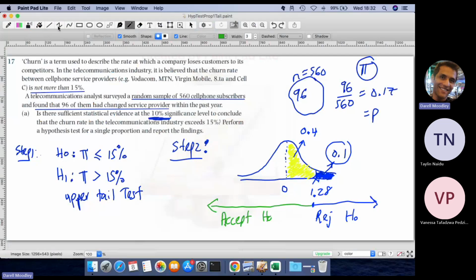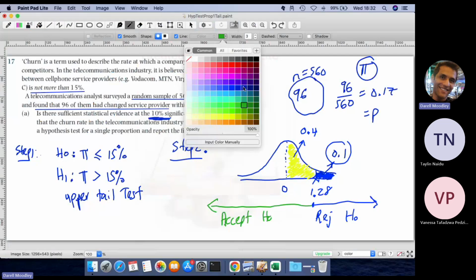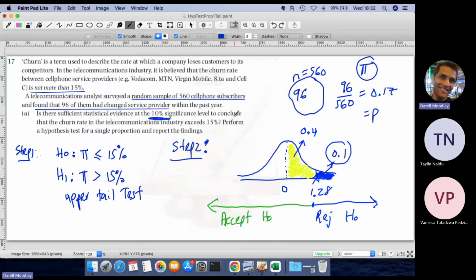Now, step 3, I'm just going to change the color. Step 3 requires a bit of working. I would say step 2 is more work than step 3. Step 3 is just plugging values into an equation. In step 3, you need to calculate the test statistic. I'm just going to make some space on the board here. So remember our P is equal to 0.17.